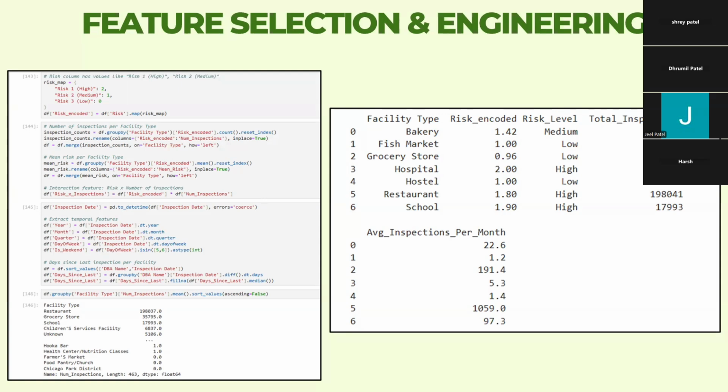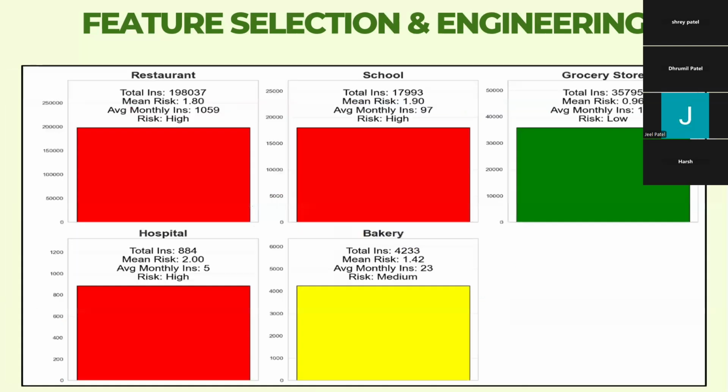In this table, the risk levels are represented with numbers: low would be 0 to 1, medium around 1.2 to 1.5, and high up to 2. So the bakery is at medium level, and hospitals are at the highest level with an average encoded risk of 2. Can you move to the next slide, please?